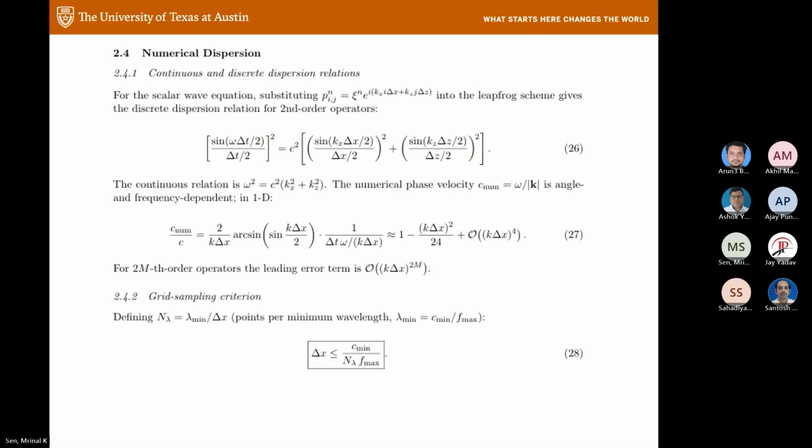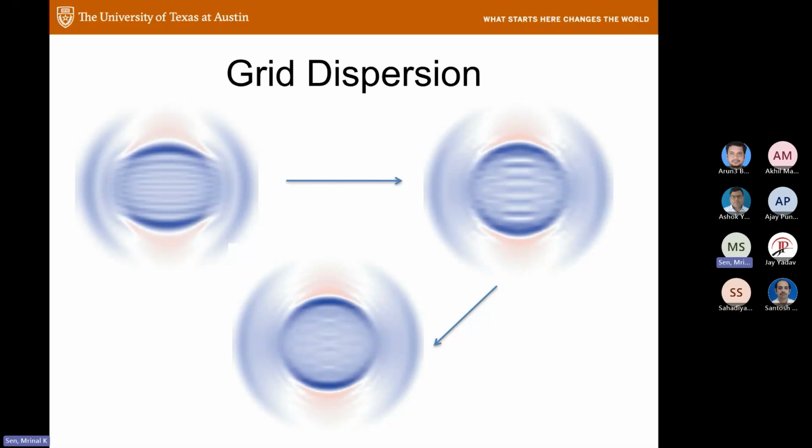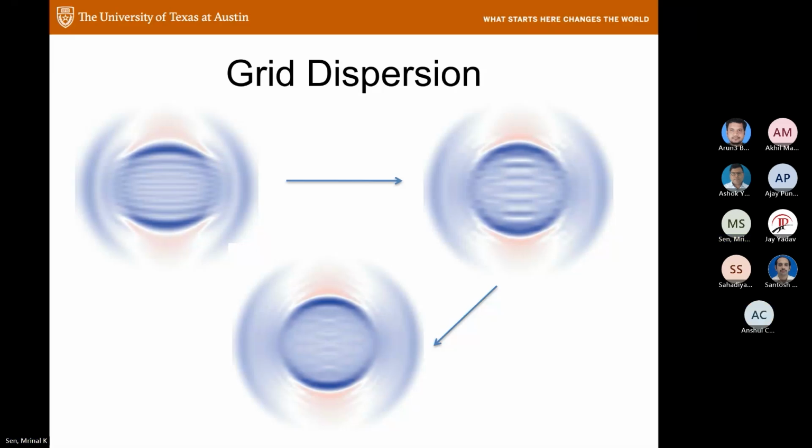Now I'm going to talk about something called numerical dispersion. What is numerical dispersion? Before I explain, let me show you this example. Here I'm propagating an elastic wave field.